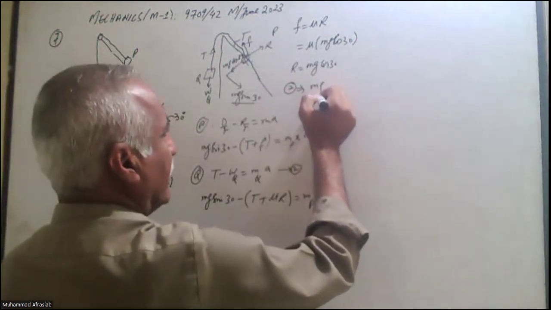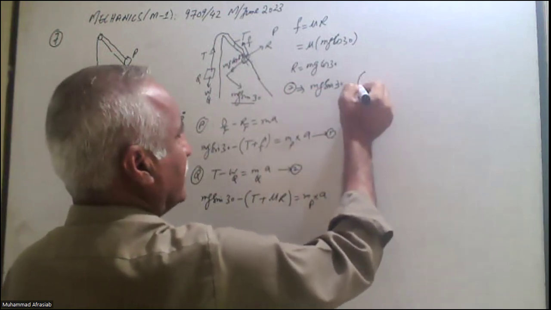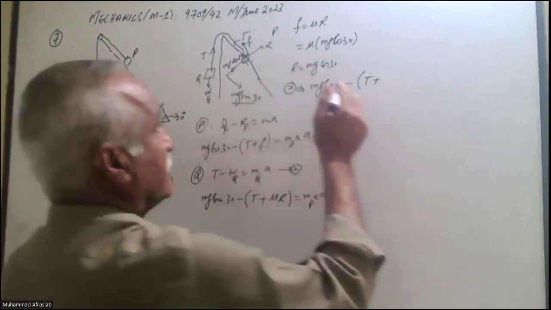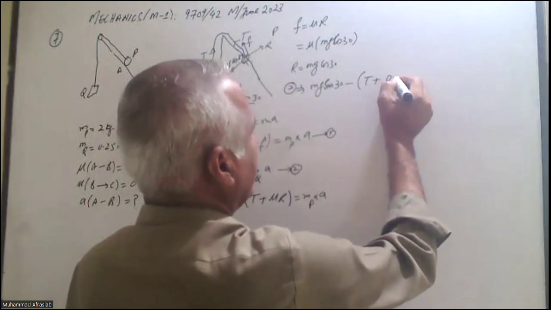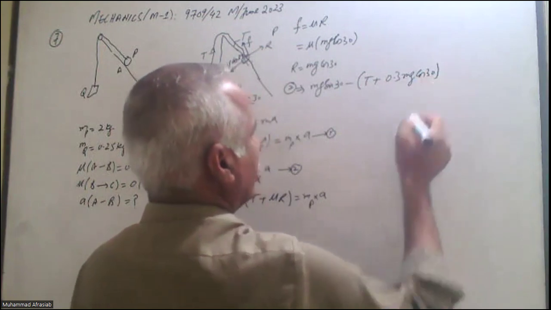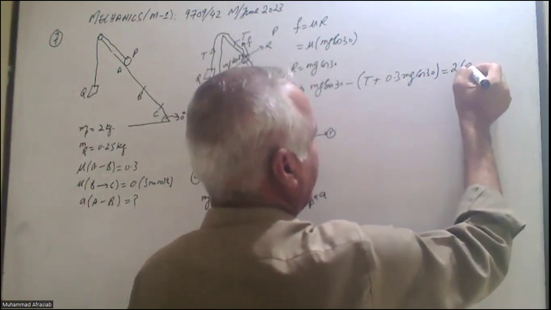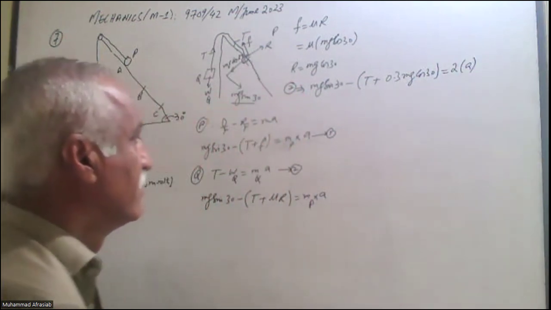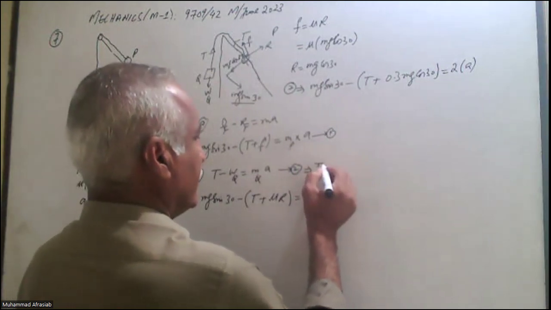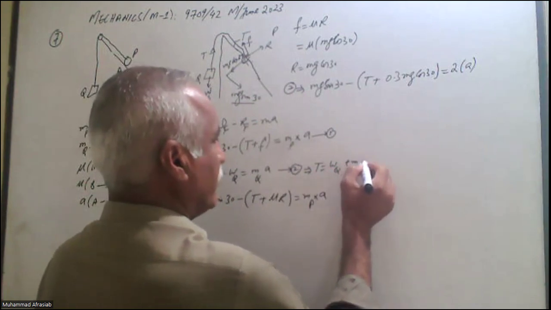So mg sin 30 minus T plus F, which is mu R, that is 0.3 mg cos 30, is equal to the mass of the particle 2 times the acceleration a. But tension from equation number 2 is equal to the weight of Q plus the mass of Q into a.